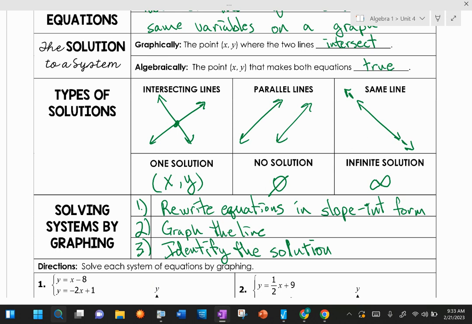That was not a rhetorical question. After you graph them, how do you identify the solution to the system? Yeah, where they intersect. We said a solution is where the two lines intersect.